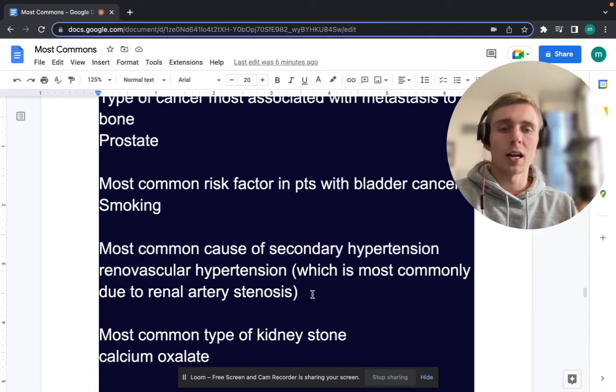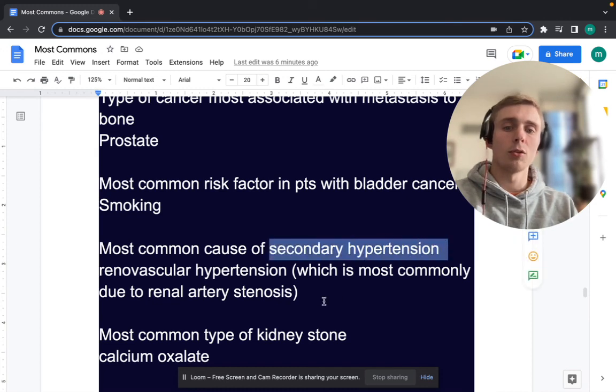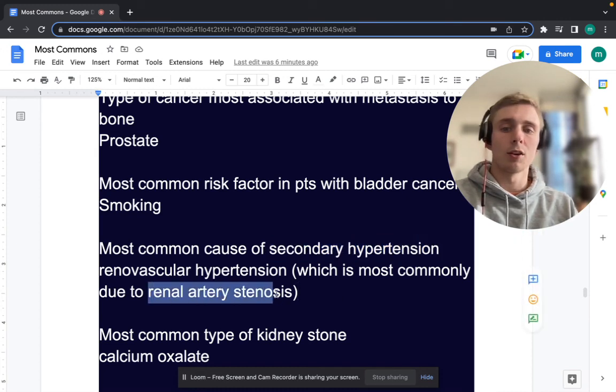How about if they're a middle-aged female and they have secondary hypertension, but they don't have plaques? If they're like a middle-aged female, like 40 years old, you're not necessarily going to think renal artery stenosis because they're younger, but you want to think something like fibromuscular dysplasia. That's like the tortuous renal arteries.